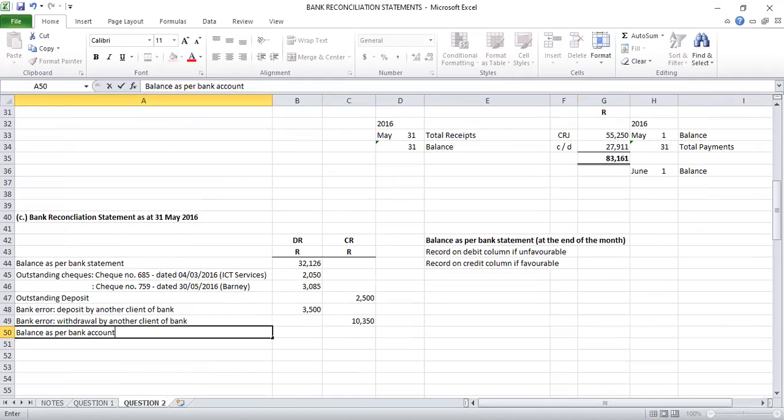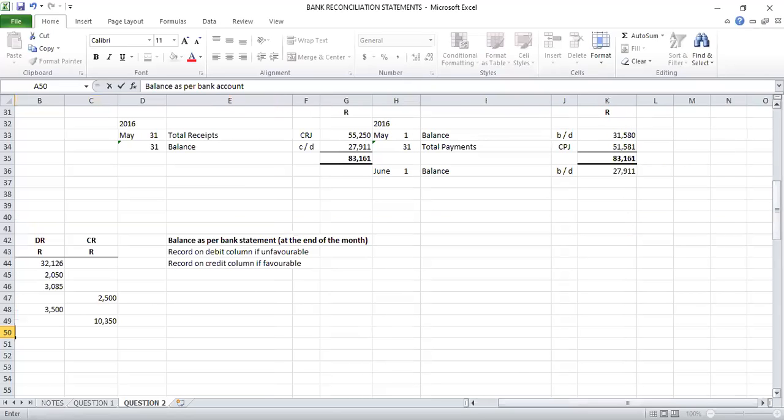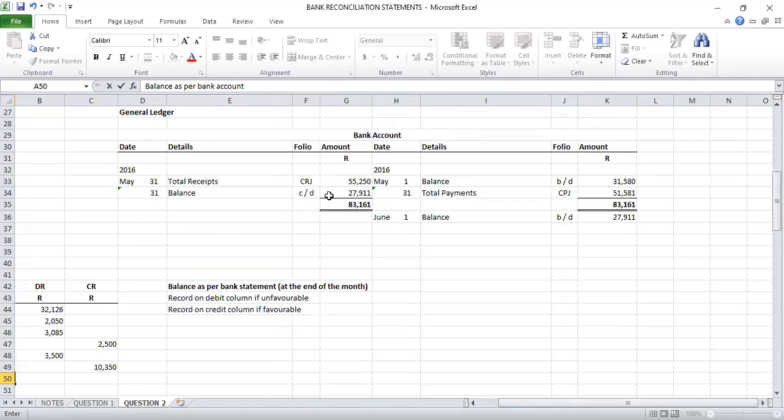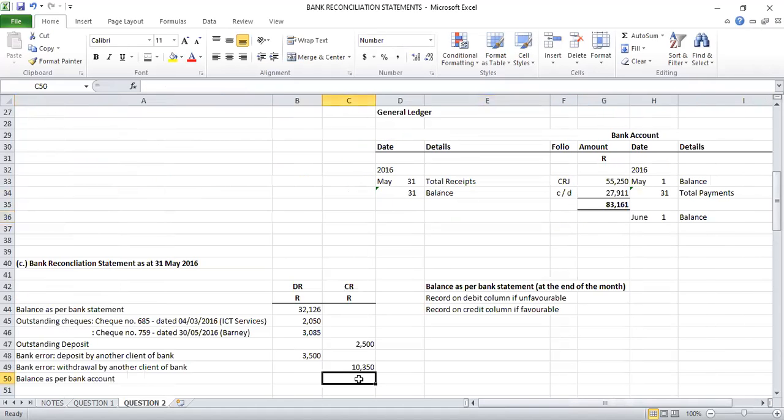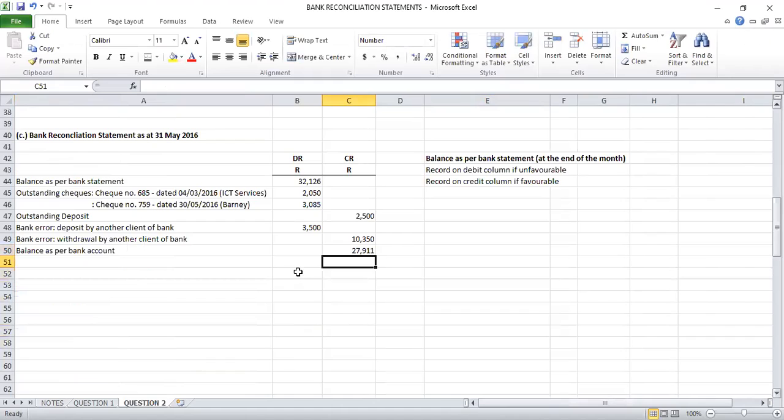When you are checking where to record, you consider this last balance, the balance brought forward at the end, not the balance carried forward. If it's on the credit, you enter it on the credit. If it was on the debit, we're going to enter it on the debit. But considering that it's on the credit, we're going to enter it on the credit side. That will be 27,911. So if that final balance was on the debit, we're going to enter it on the debit side.